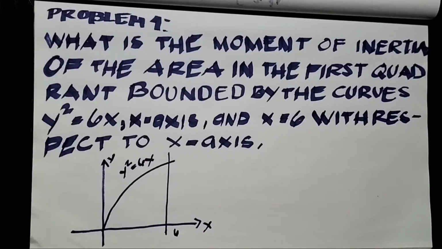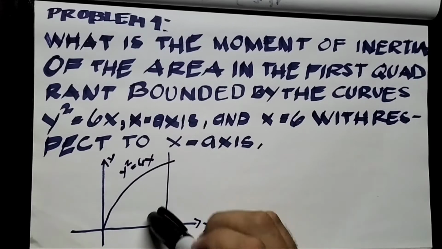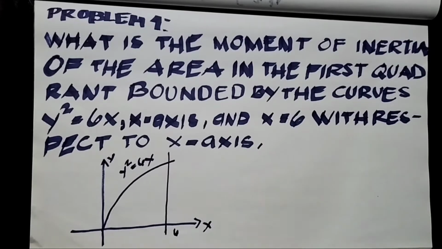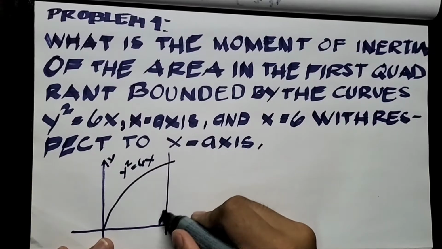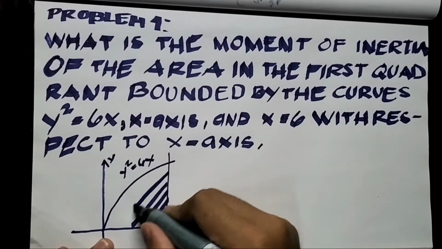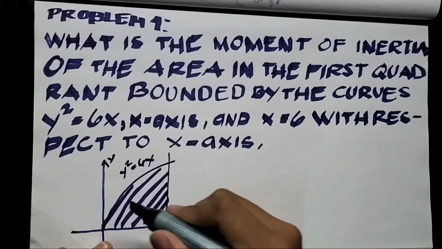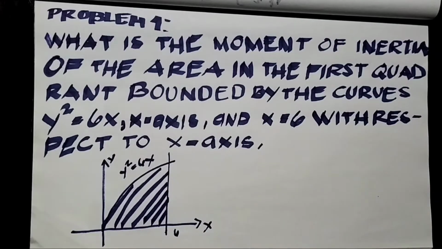So, the question in the problem is what is the moment of inertia of the area in the first quadrant? So, the moment of inertia in this area, yan. Ano nga ba yung moment of inertia niya dyan?